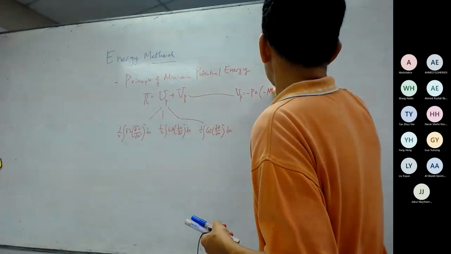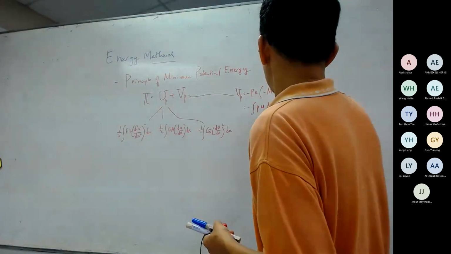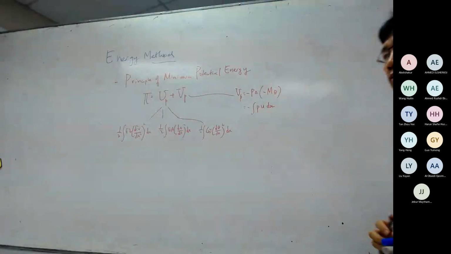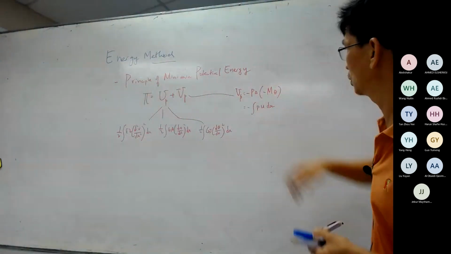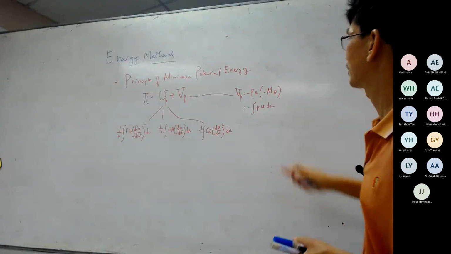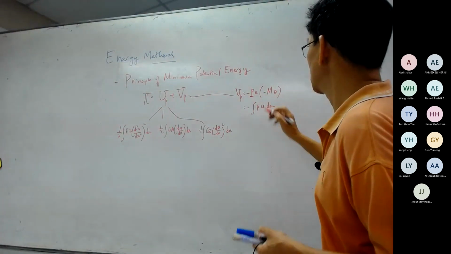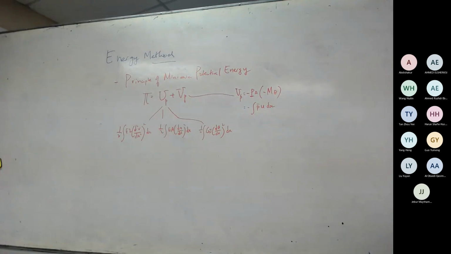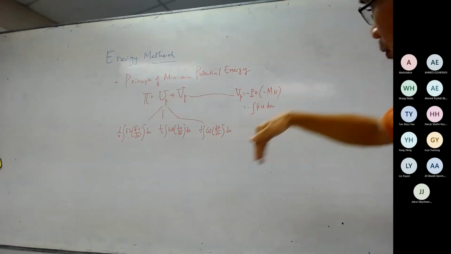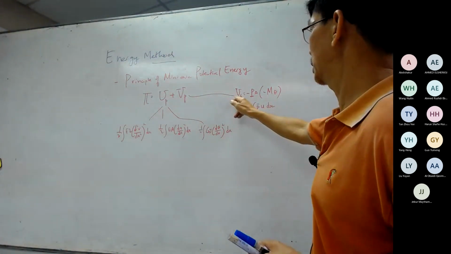If it is a distributed load, then you have to do integration, where this is the displacement field that we are trying to solve. If it is a distributed load, you have to do integration to get Vp.